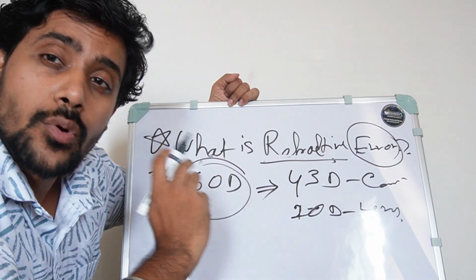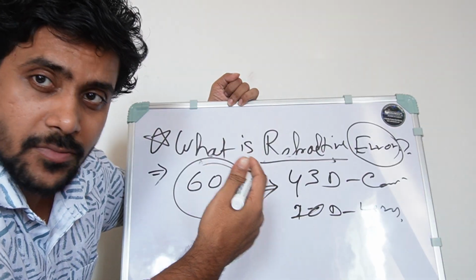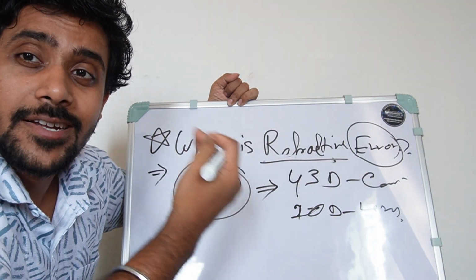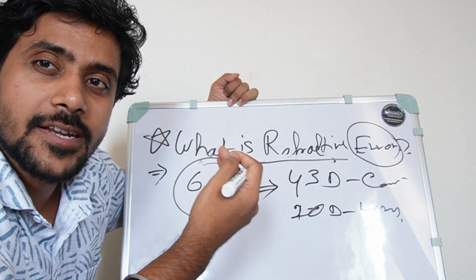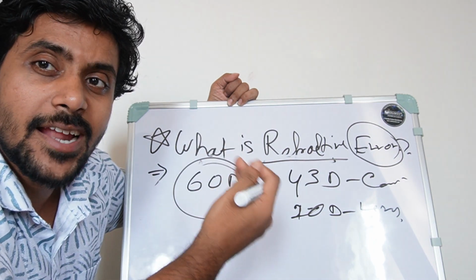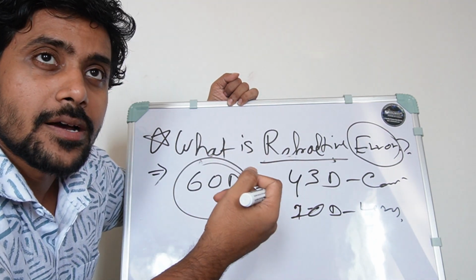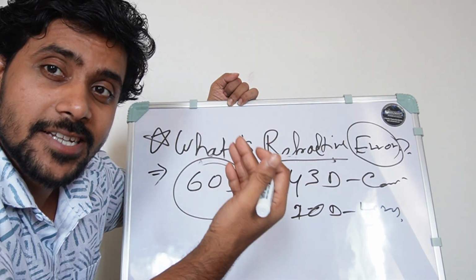Now we know about the anatomy of the eye, right? We have those transparent refractive media through which the light gets refracted, including the cornea and the crystalline lens, okay?